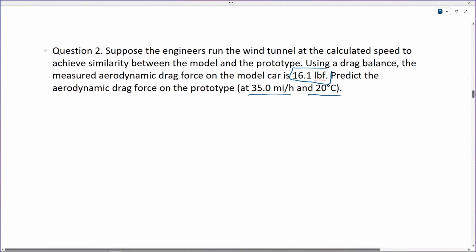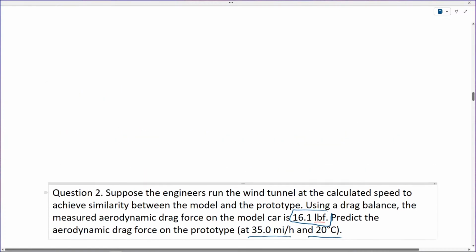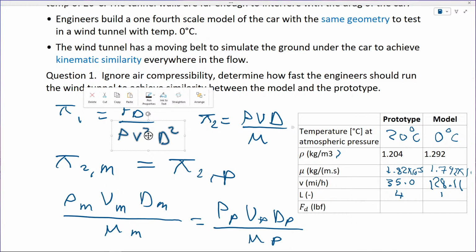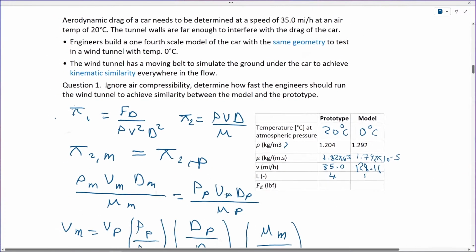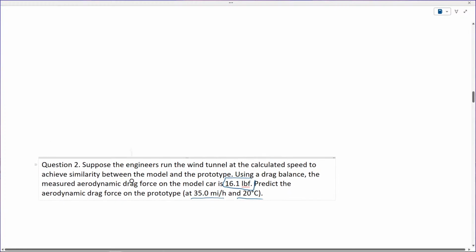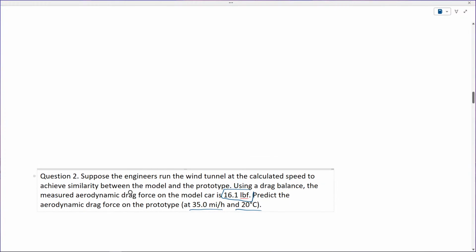Can we do this? Yes, that is very easy, because here we have our first pi term. Remember, this is our first pi term. We can write it down here again. Let me move this guy a little bit up.